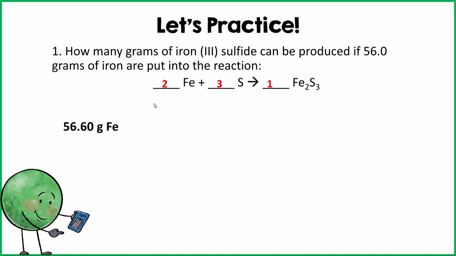Then here's your mole ratio of iron to iron(III) sulfide. And then use the molar mass of iron(III) sulfide to convert to grams of iron(III) sulfide. So if you can do that on your own, or you'd like to practice doing it on your own, pause the video. If you want to follow along, you can just keep going.